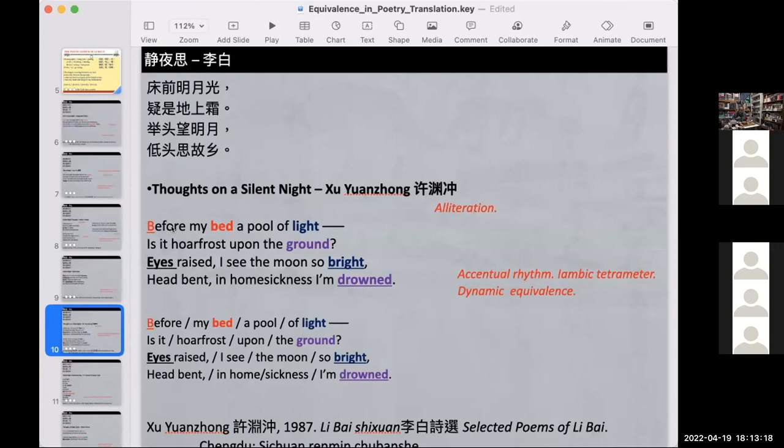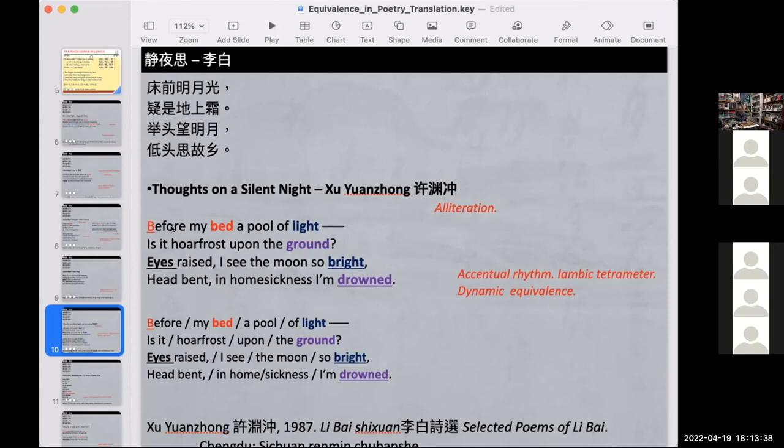Why is it tetrameter? Tetra in Greek means 4. Penta is 5, hexa 6, hepta 7, octa 8, and so on, deca 10. So this is tetrameter. Why is it iambic?